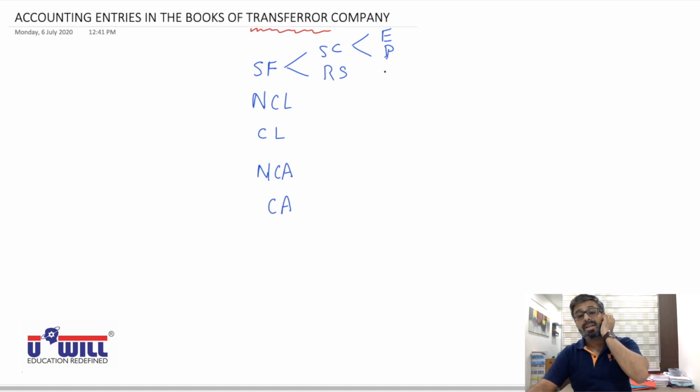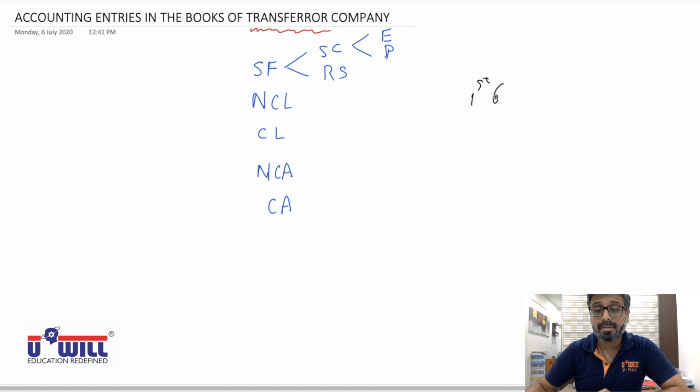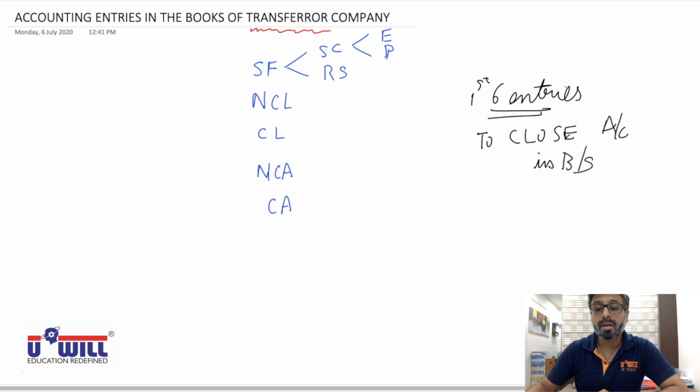Shortcut to remember the entries. There are many entries. 13-14 entries are to be passed. So try to remember this. First six entries what we pass in the books of Transferor company is to close the accounts appearing in the balance sheet. We have to close all these accounts appearing in the balance sheet because the company is going into liquidation.